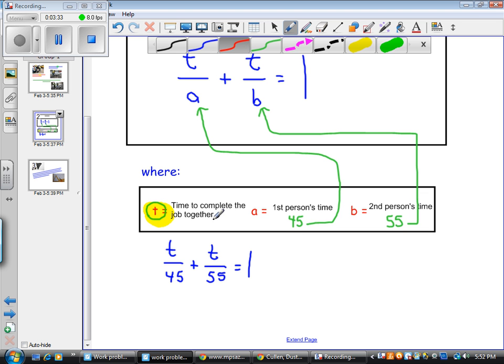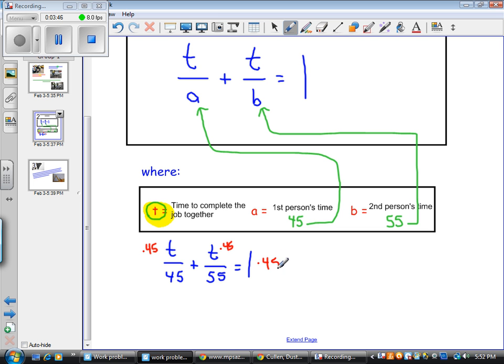So at this point, it just comes back to solving a rational equation. I would want to multiply all the numerators by 45 in order to get the 45 to cancel out of the fraction. And I would probably also want to multiply all the numerators by 55 because that would cancel out the 55 that's in the second denominator.